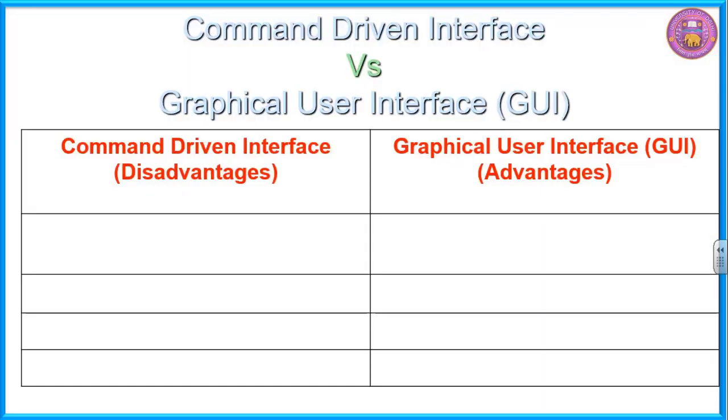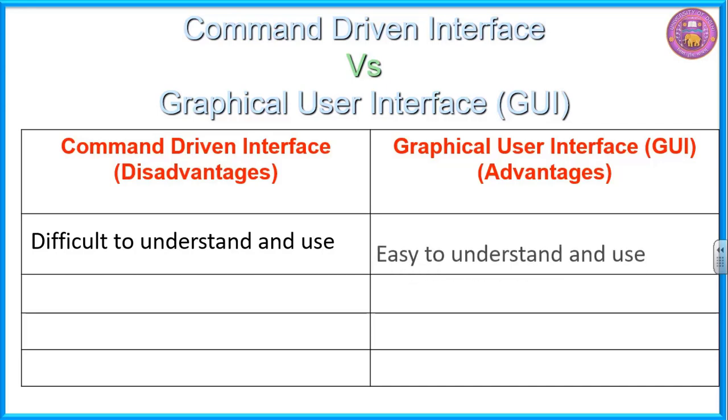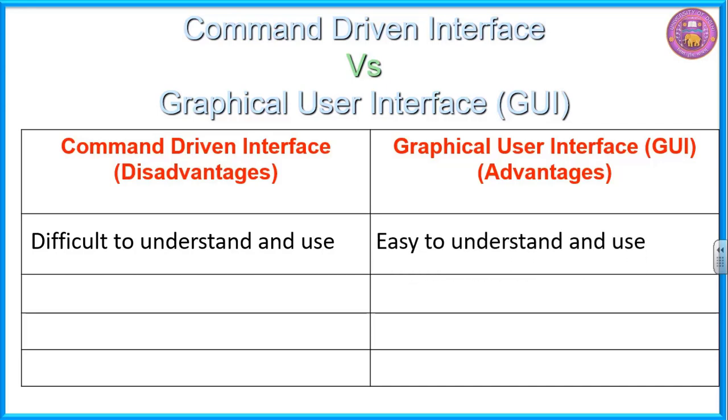Now, what is the difference between command-driven interface and graphical user interface? On the one side, we will talk about command-driven interface, their disadvantages. On the other side, we will talk about graphical user interface, GUI, its advantages. Command-driven interfaces are difficult to understand and use, whereas graphical user interfaces are easy to understand and use.